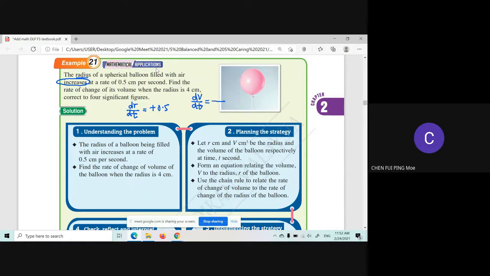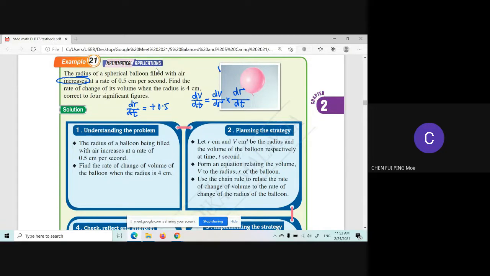So to find dV/dt, make chain rule straight away. dV copy, dt copy. So remaining is what? You see what you have? You have dr, meaning that here is dr, here is dr. So now dV/dr, where do you find the formula? So this is volume for sphere, right?